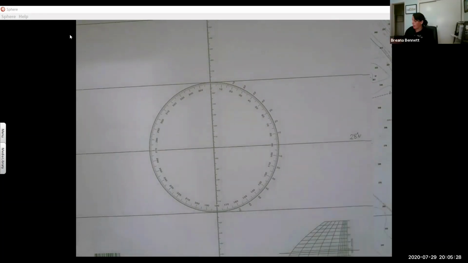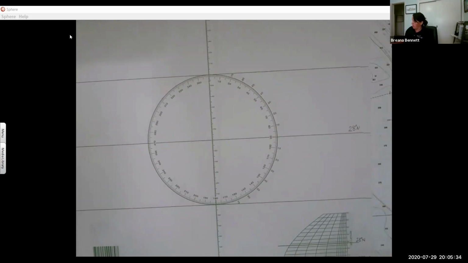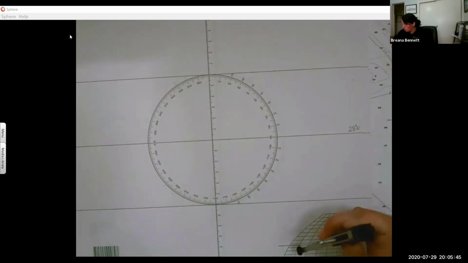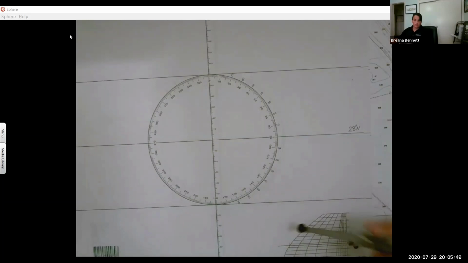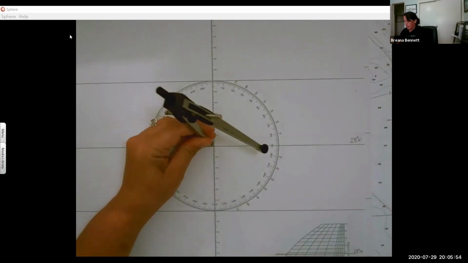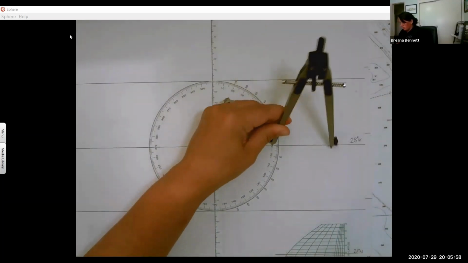So I made a 28 degree mid-latitude line. Then I'm going to get my 60 minutes of longitude and put in my longitude lines.